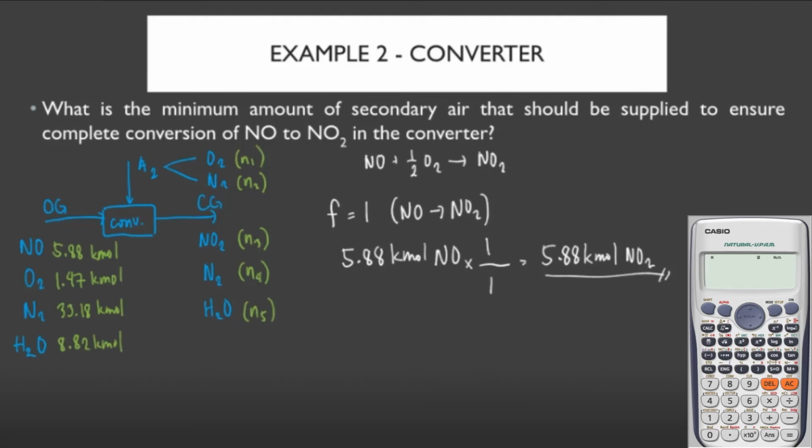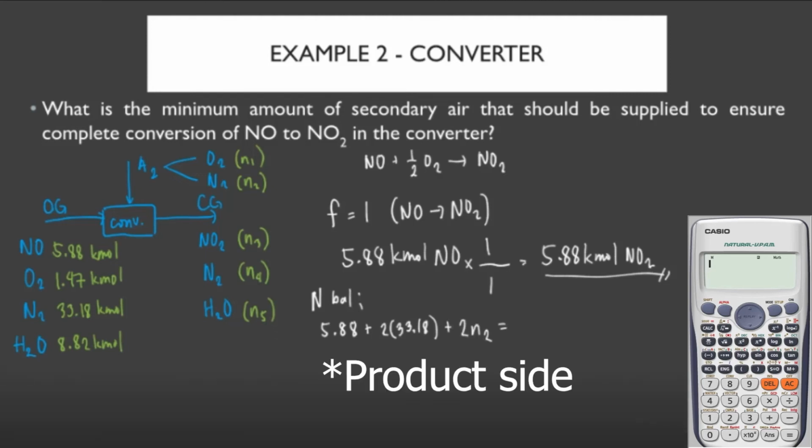Let's start with the nitrogen balance. We will proceed similarly as we did earlier. Coming from the feed, the oxidation gases, nitrogen is 5.88 coming from NO plus 2 times 33.18 coming from the nitrogen in the feed. Coming from the secondary air, that is plus 2 N2.